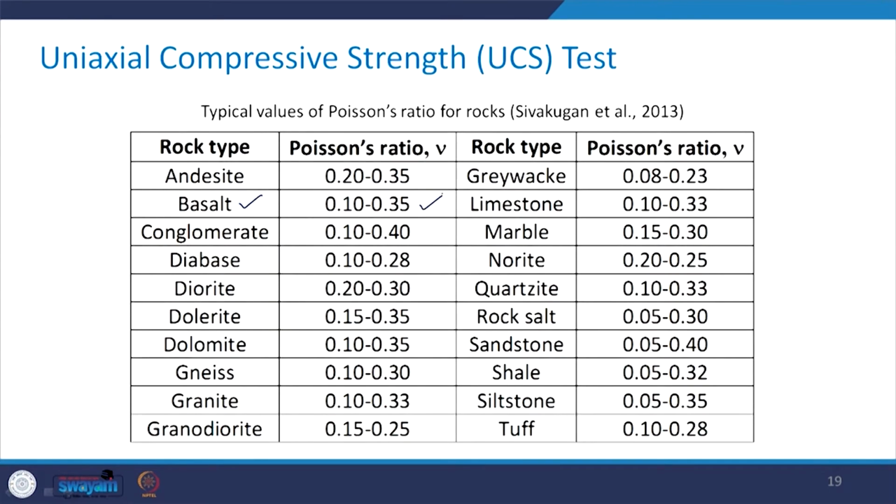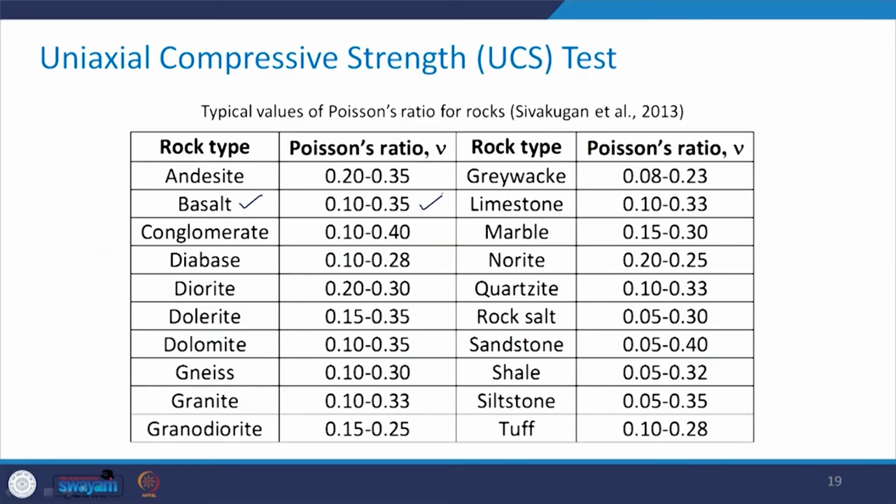Such a large variation exists because you can have 10 different types of basalt depending upon their mineralogical composition. The main mineralogical composition is more or less the same to make that rock a basalt, but the relative magnitude of different minerals in that particular rock may make different types of basalt, or any other rock.